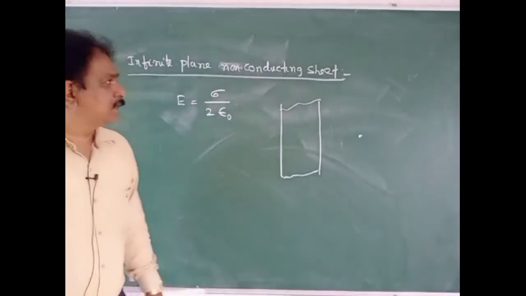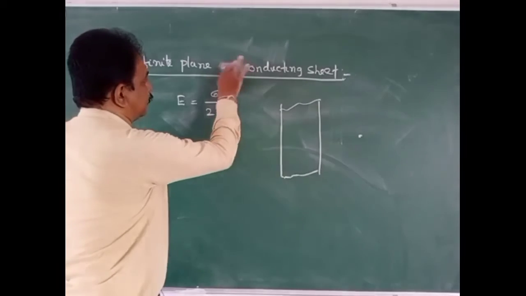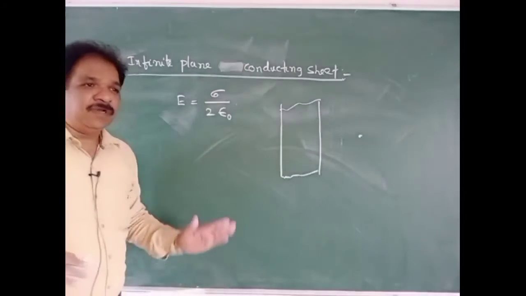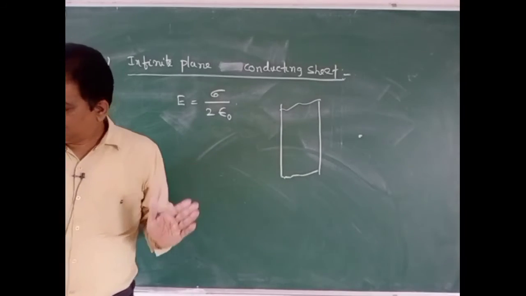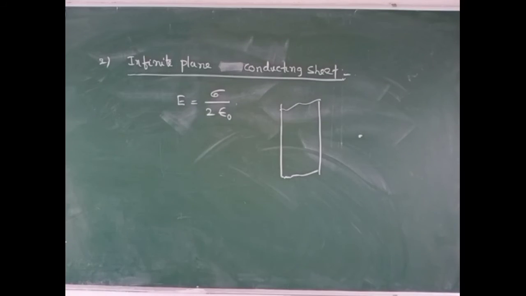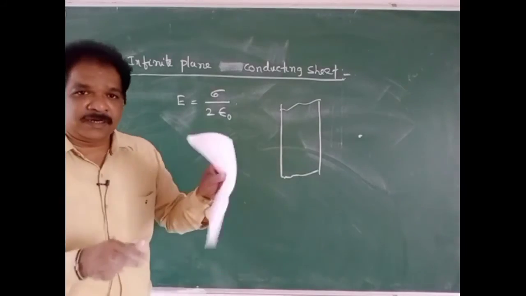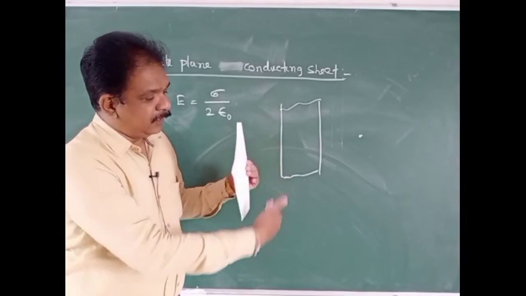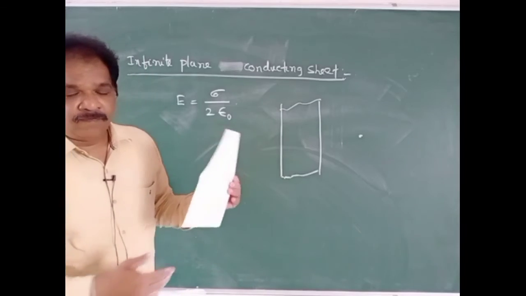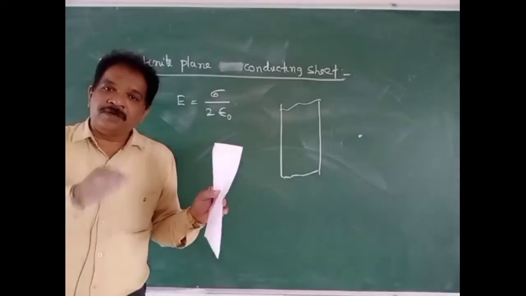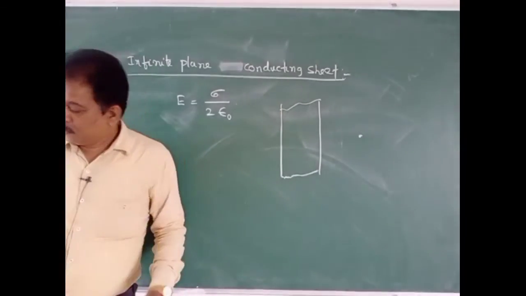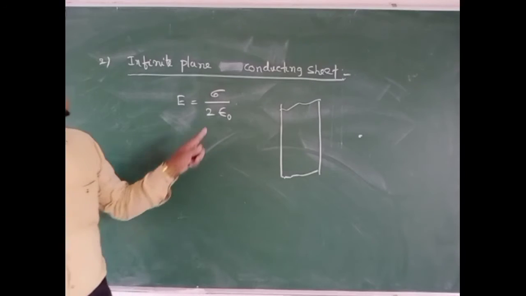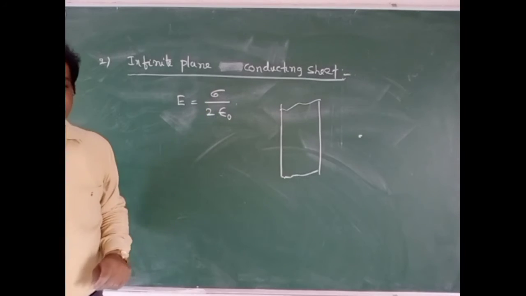If it is a conducting sheet, it will have two layers. For example, this is one conducting sheet. Here charge will be there, and here charge will be there. For non-conducting, it will be stored inside the body, so that is why we get sigma by 2 epsilon naught.